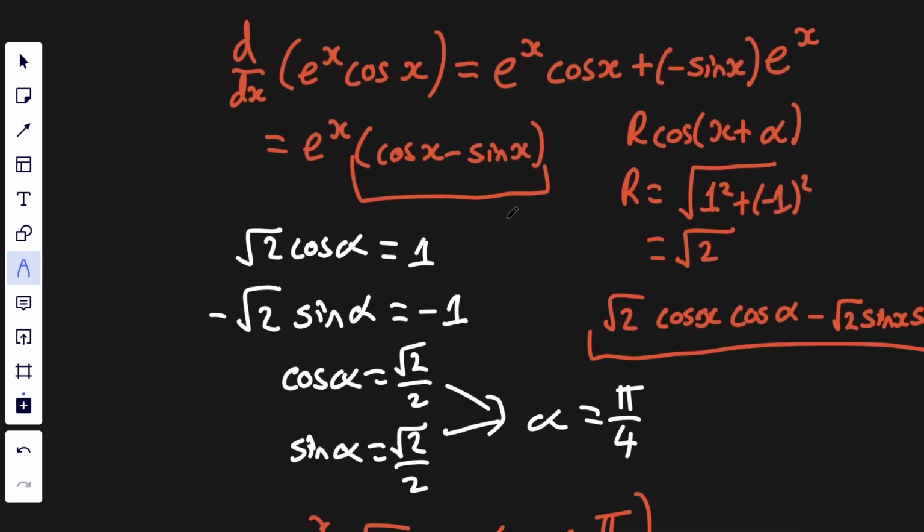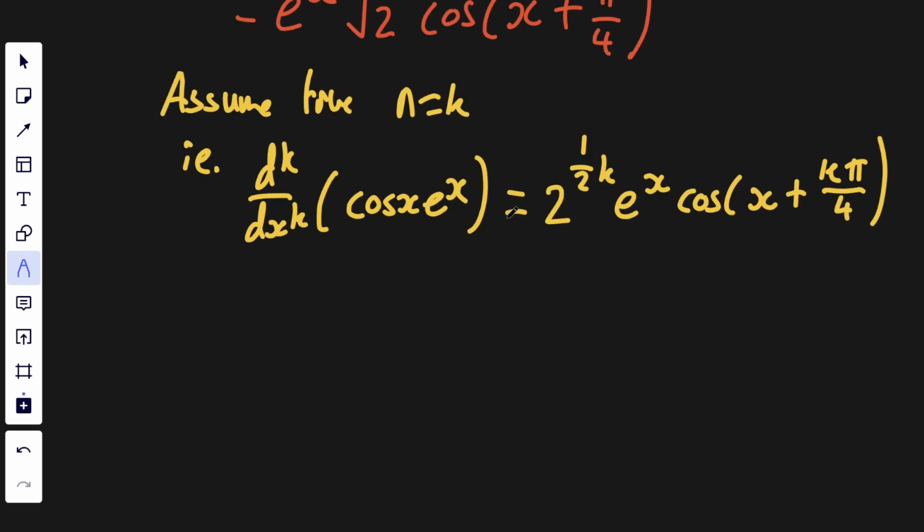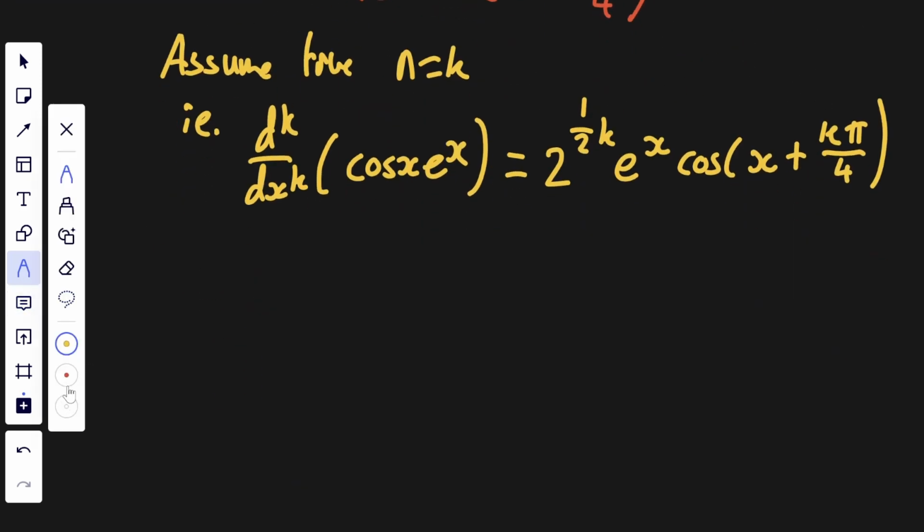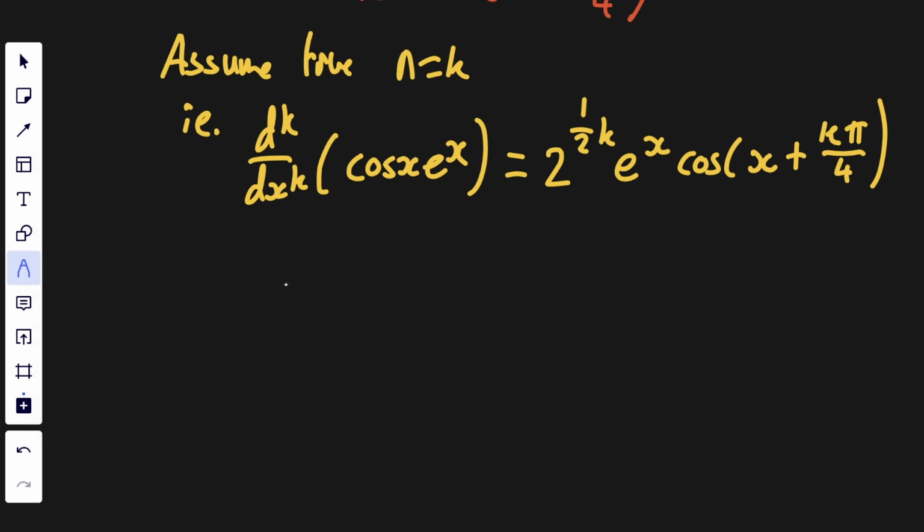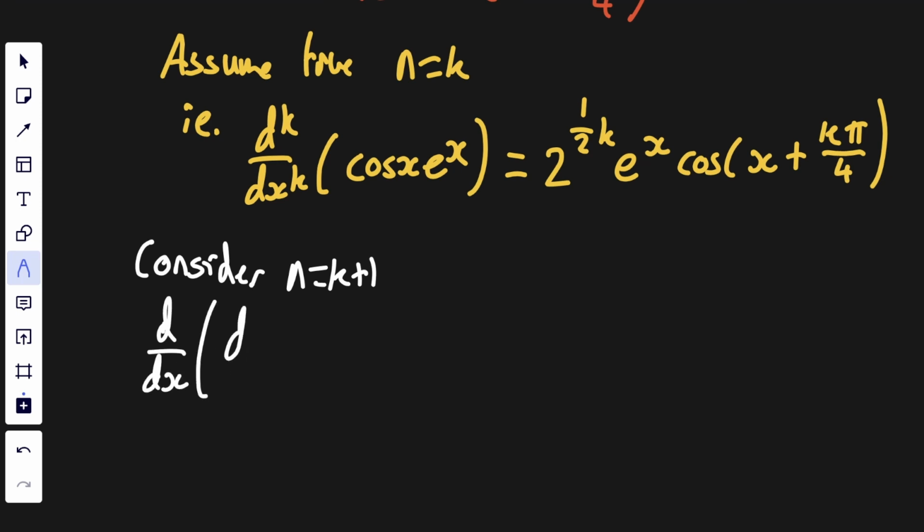Next, what we want to do is involve our assumption. So I'm going to consider n equals k plus 1. So we're going to do the derivative of the kth derivative, and that's our k plus 1th derivative.